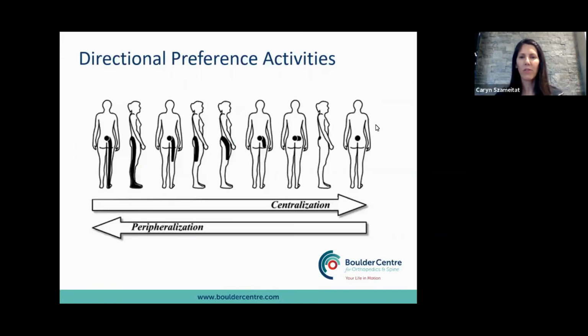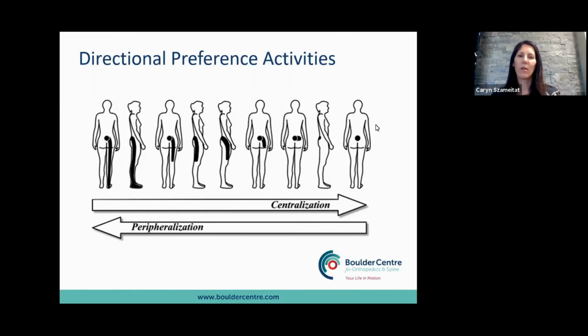I have one more picture here just to demonstrate that. You can see the arrow going towards peripheralization is showing that pain, a demonstration of that pain getting further and further down the leg, and vice versa, that arrow towards centralization where it's coming up out of the leg into the back. So basically, when you're at your evaluation, your therapist is going to take you through some different movements in different directions.